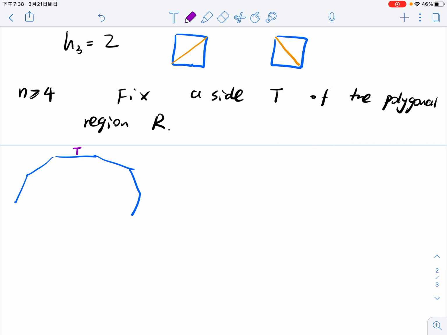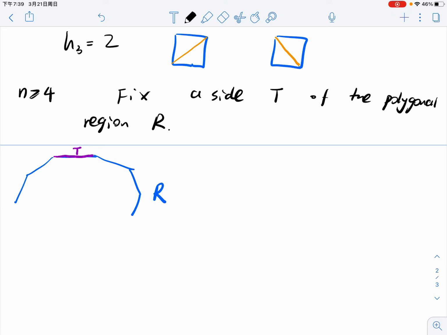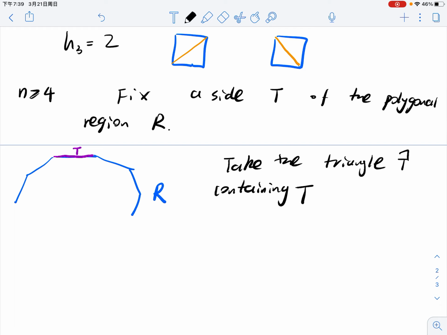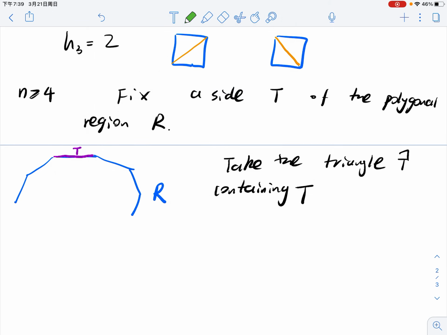I call it T. So this is T, and the whole region is called R. And based on T, we can take the triangle T hat containing T. You might have many choices.